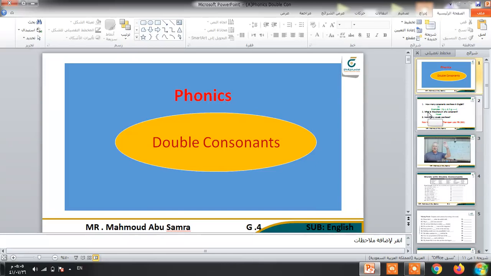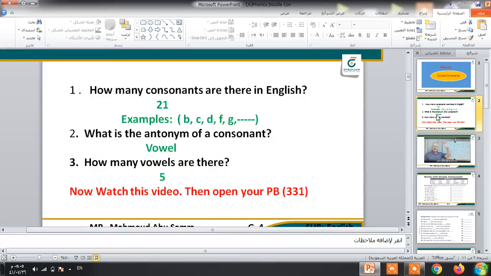Before we go into the lesson, let's answer these three questions. Hello, my guys. How many consonants are there in English? Good. 21. Examples of these consonants: B, C, D, F, G, and so on.